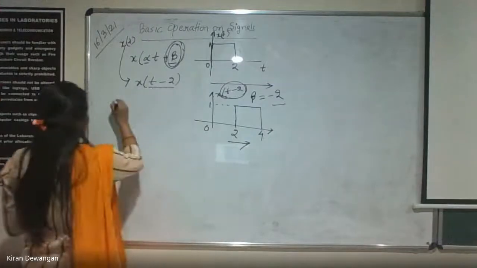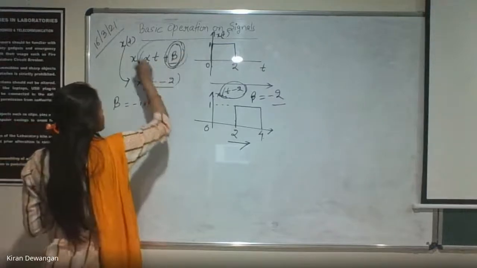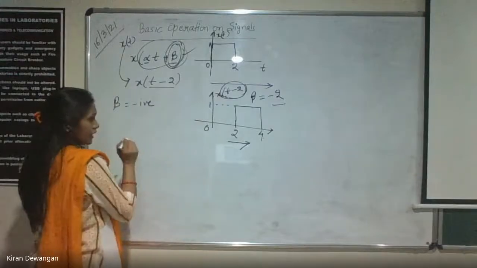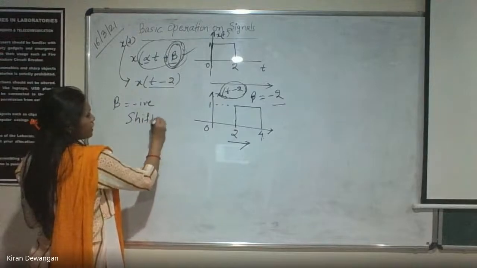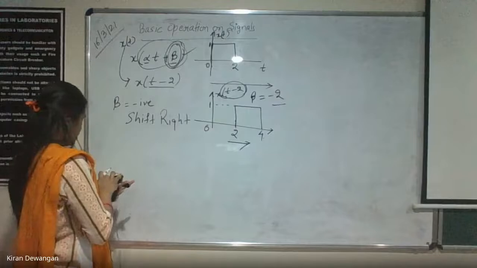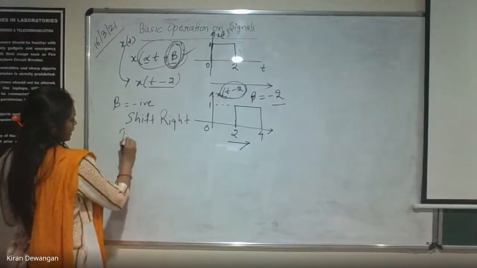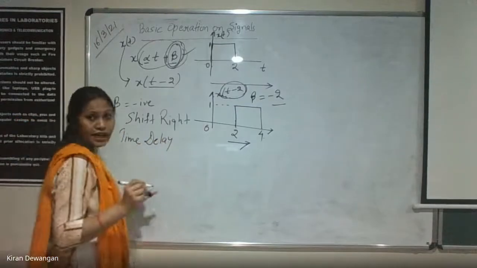If the value of beta is any negative value, in this general form, then it will shift right, which is called time delay. What is happening here? It's a delay in time.